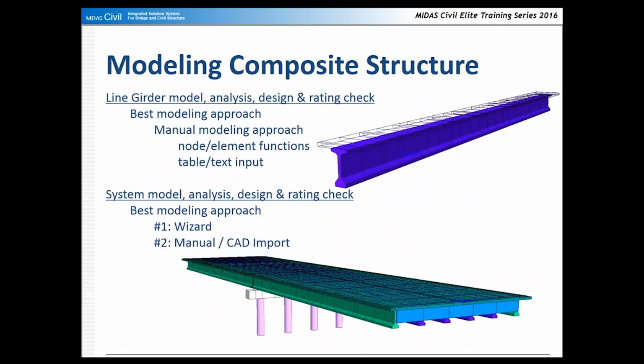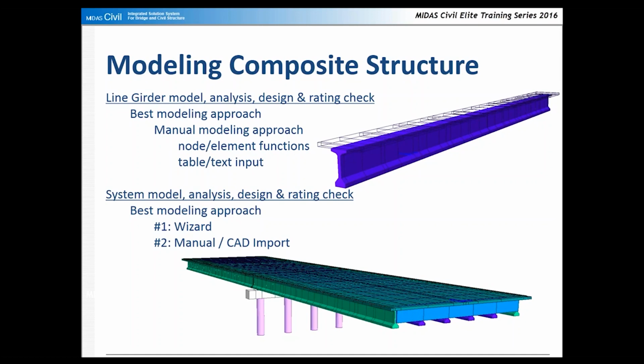Before getting into the whole scope, I first wanted to point out that you are able to do both the line girder approach and the system model approach. What I mean by line girder model is, if the structure is very simple and straight, or even if it's continuous but straight, and you would rather take the simpler approach than modeling the entire system, you can go for the line girder model analysis, design, and rating check.